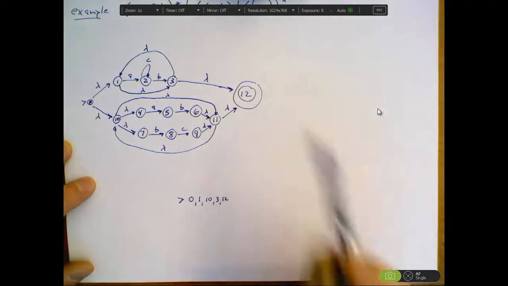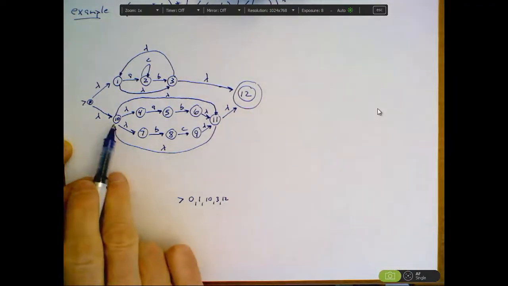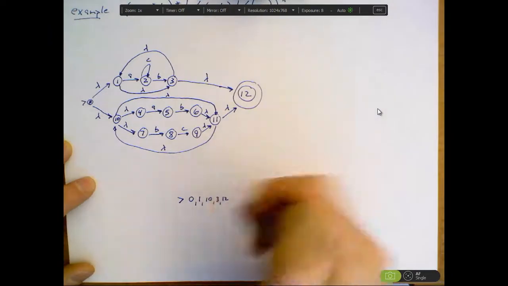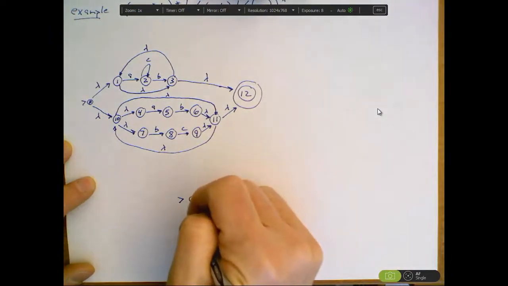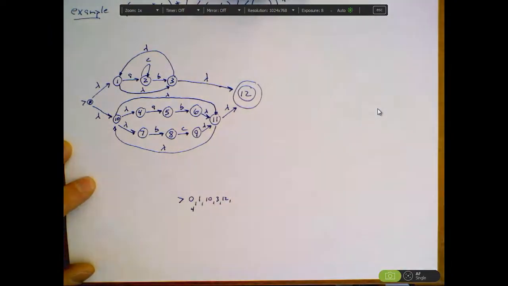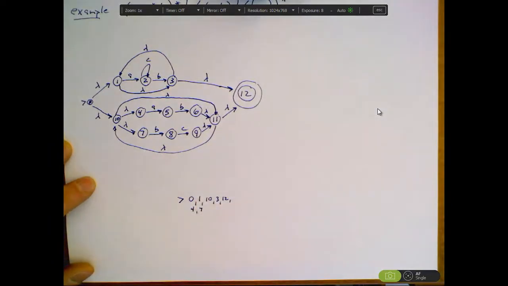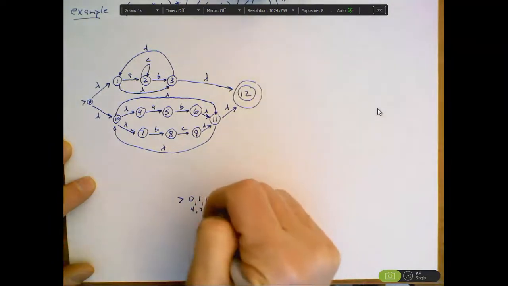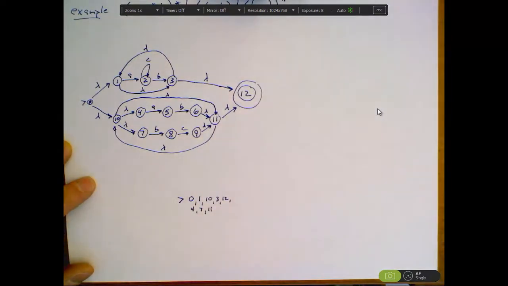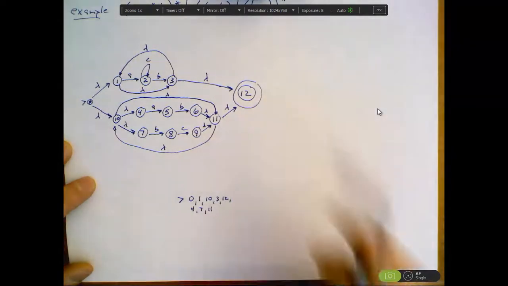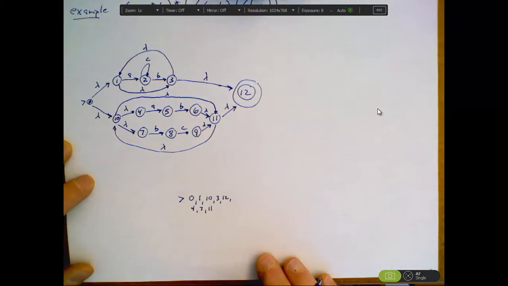I can't get anywhere from there. However, from 10 I can get places. So I can get to 4. I can get to 7. I can also get to 11. And I think that's it, because from 11 I can get to 12, but I already know about 12.